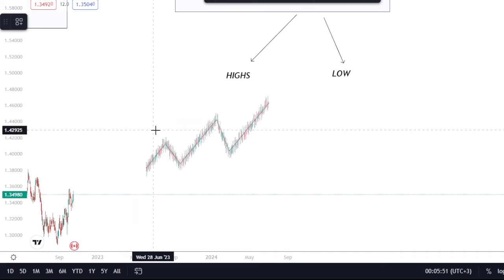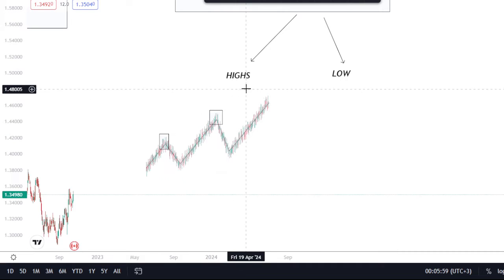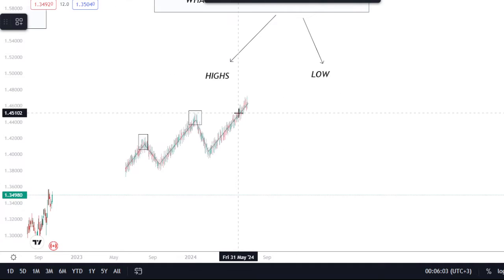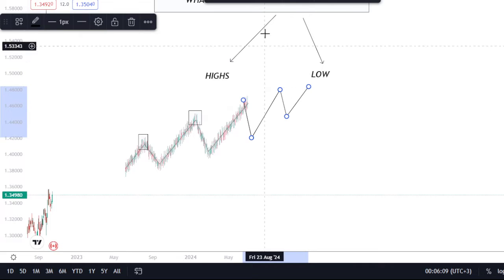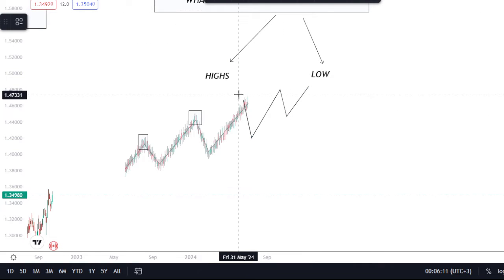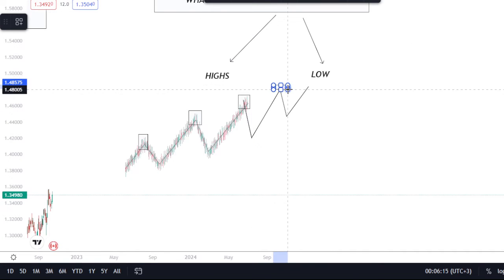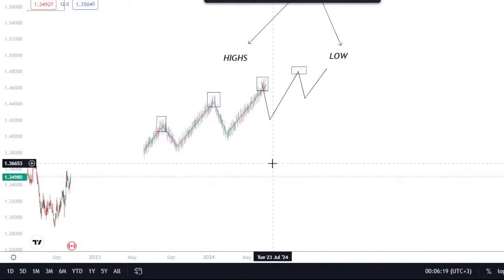These ones are what you call highs, because as the market goes up and up, we are forming a high. As the market is going, let's say it forms something like this and this, which means the market is forming new highs, new highs, new highs as it goes up, right?